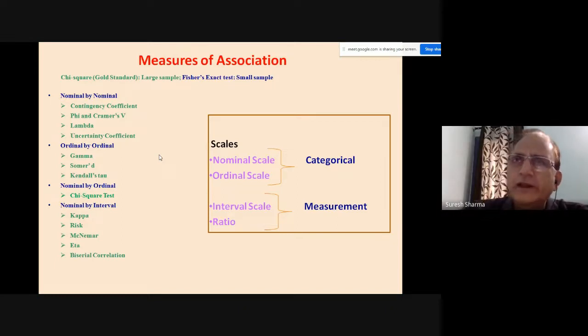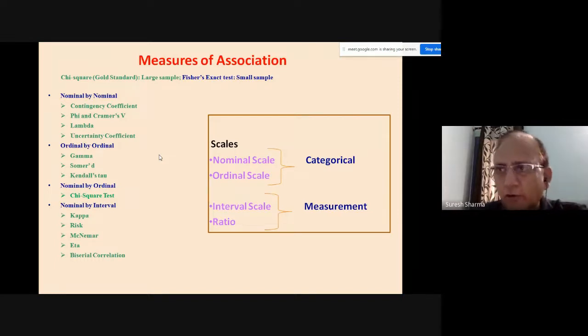Another variable is income in the form of categories. Less than 10,000 is category 1, 10 to 20,000 is category 2, 20 to 40,000 is category 3, and more than 40,000 is category 4. So it's again ordinal: income versus level of satisfaction.